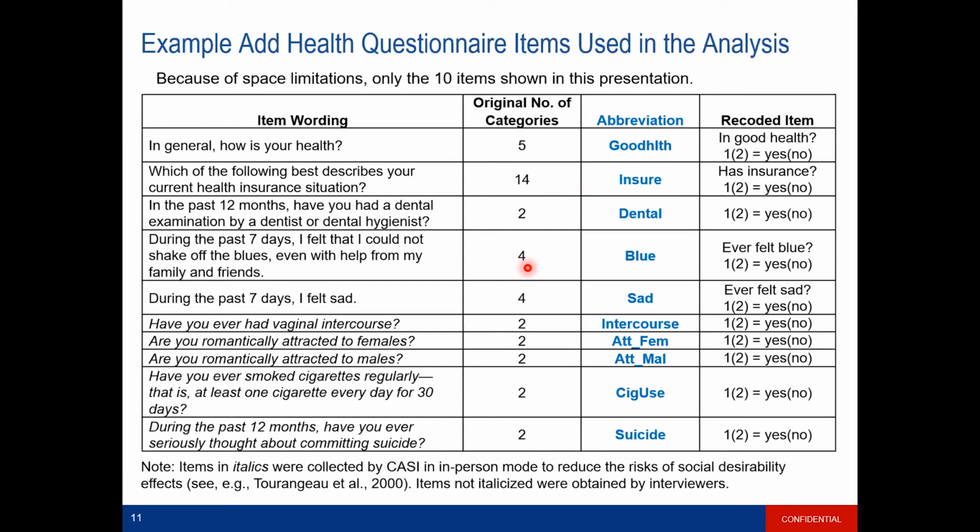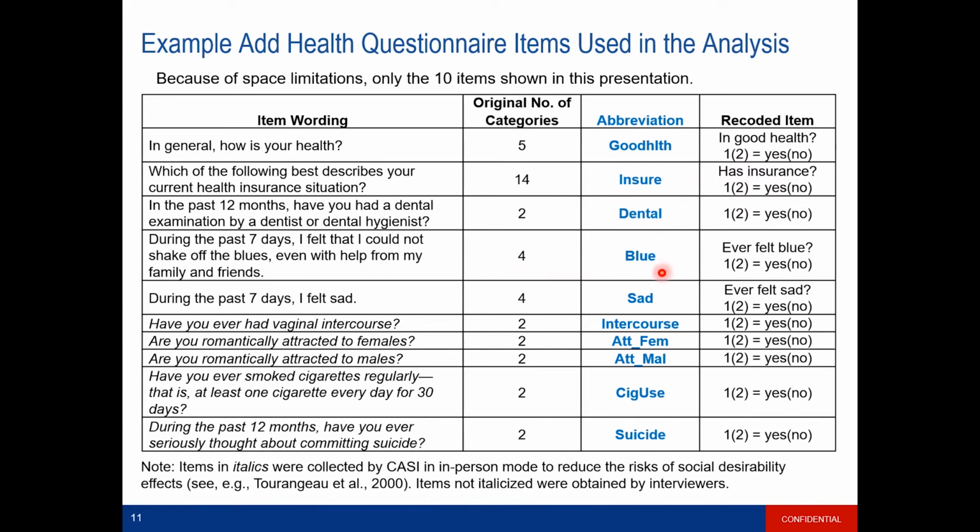For this analysis, we selected 22 items, but in this presentation, I'm only going to use 10 items to demonstrate the results. The 10 items are good health, which is asking, how is your health? Are you in good health? Insurance is having insurance or not. Dental is, in the past 12 months, did you have a dental examination?